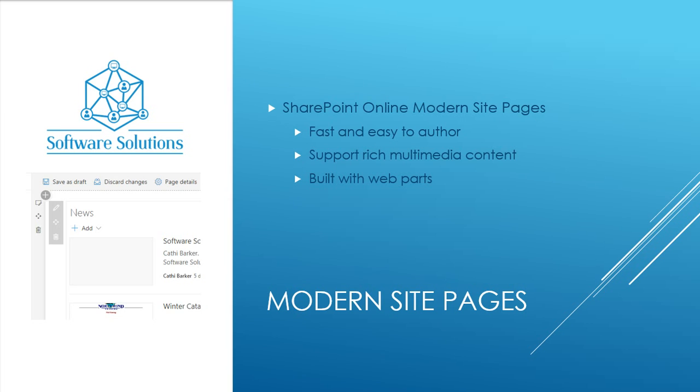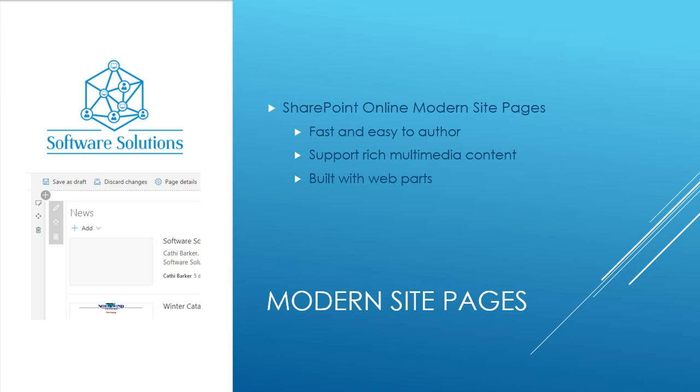But you'll also hear the word modern site pages. With SharePoint Online, modern site pages became available to you, and these pages are fast and easy to author. They support multiple rich multimedia content, and these pages are basically built with web parts.